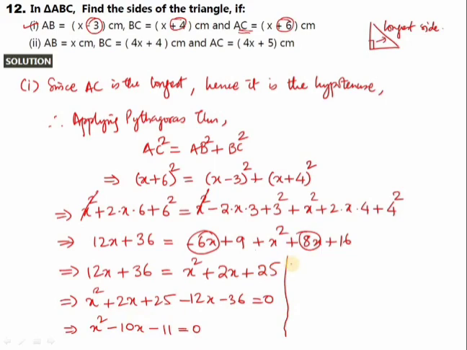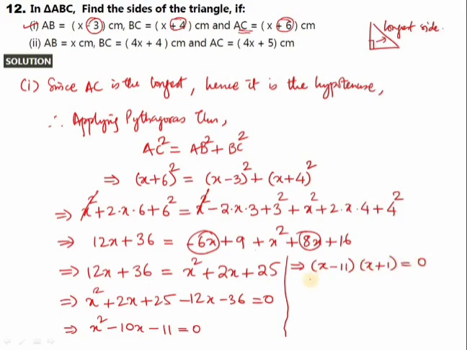I'm not showing that part. If you do that, you get (x minus 11) into (x plus 1) equals 0.